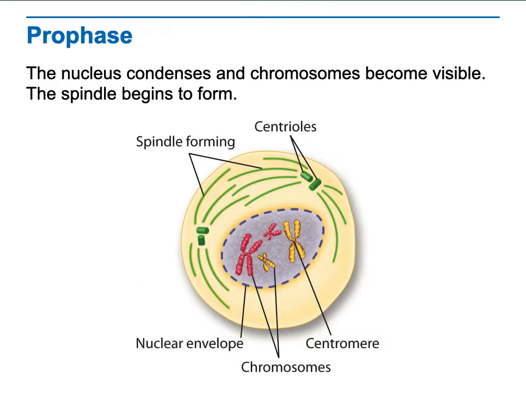Prophase. The nucleus condenses and the chromosomes become visible. The spindle begins to form. When are the chromosomes duplicated? During S phase of the interphase. Here we can see the sister chromatids. The nuclear envelope breaks down at the very end of prophase.